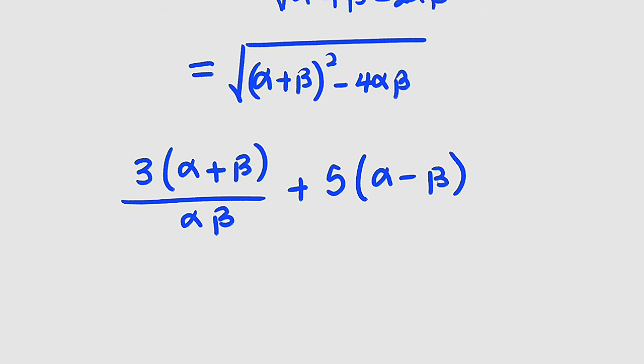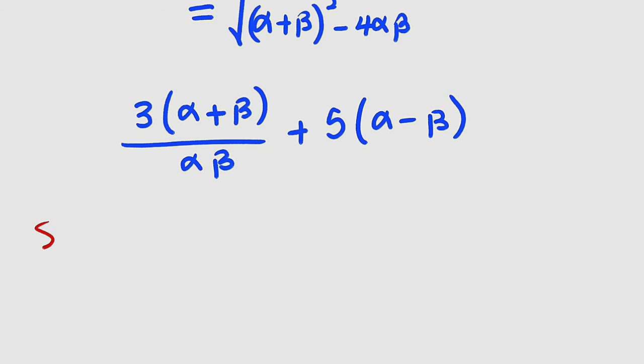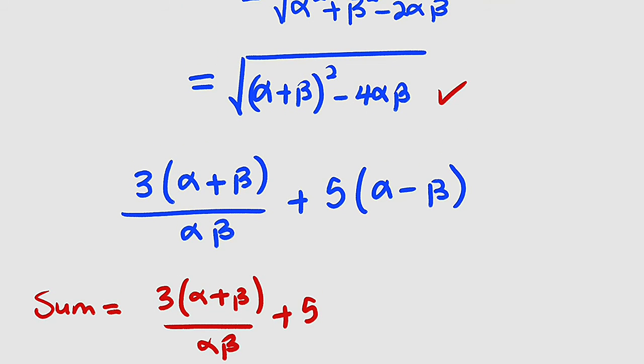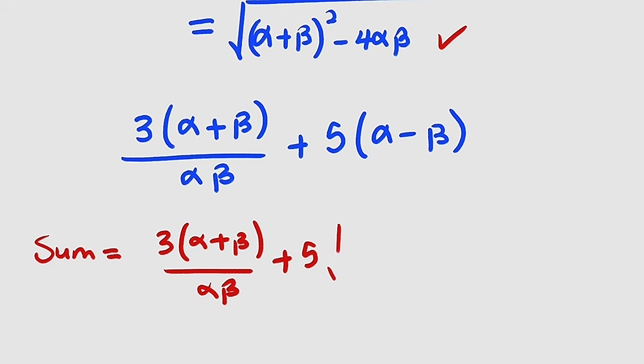I'm going to replace alpha minus beta with the square root of alpha plus beta all squared minus 4 alpha beta. So we have our sum equal to 3 times alpha plus beta divided by alpha beta, then plus 5 multiplied by alpha minus beta, which we have derived to be the square root of alpha plus beta all squared minus 4 alpha beta.